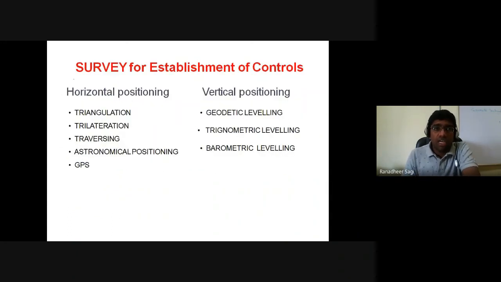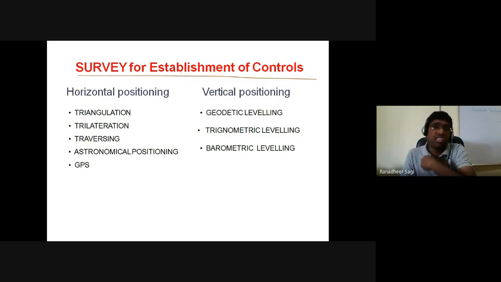So the survey we carry out for establishment of controls, this so-called triangulation network, has the purpose of preparing what is called a control network. Any kind of survey that we carry out in the field is ultimately to establish a proper control network.